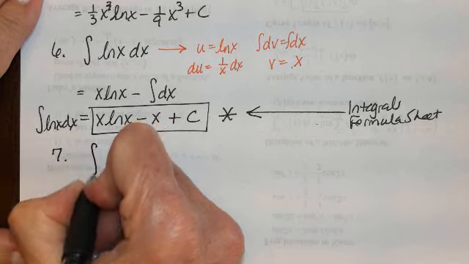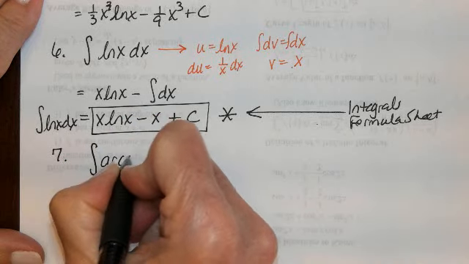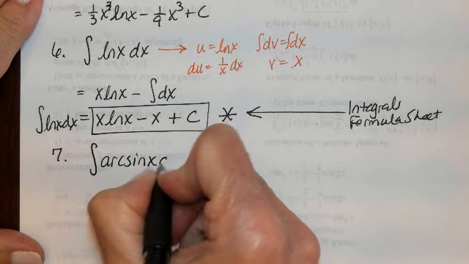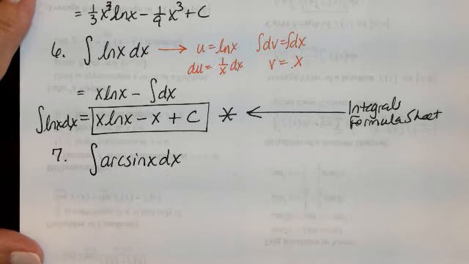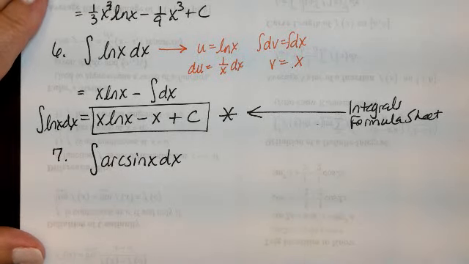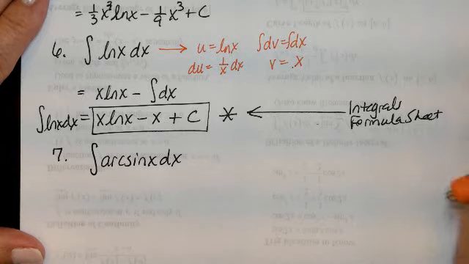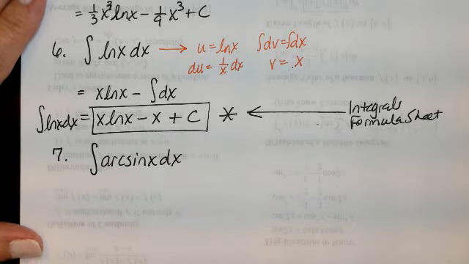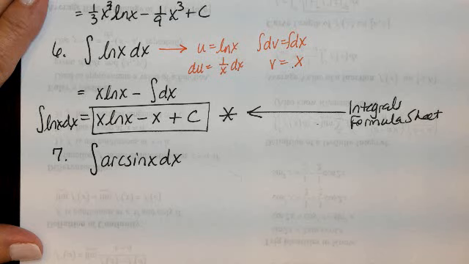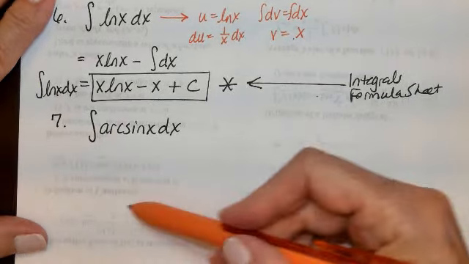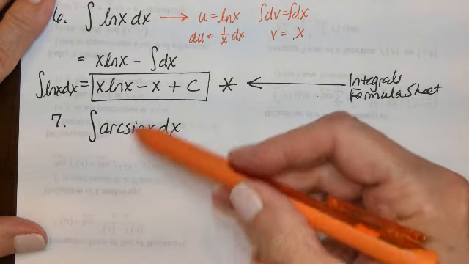Number 7. Let's do the antiderivative of arc sine x dx. Again, this doesn't look like it would be a by parts problem, but it is. Also again, we've never had a function that when we take the derivative, we get arc sine.